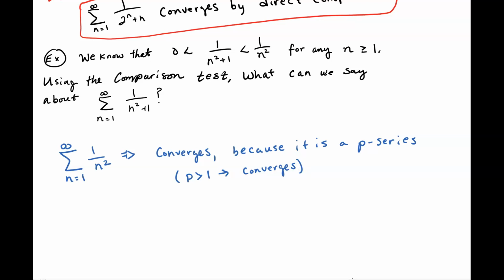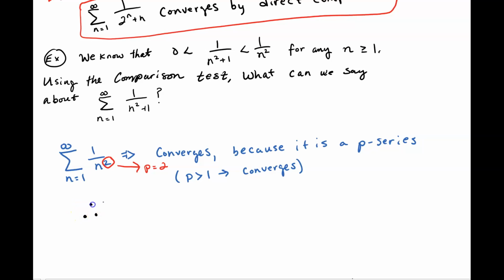So our conclusion here, since in this case p equals 2, that's why this one converges, because p is greater than 1. P is actually 2. So what can we say?